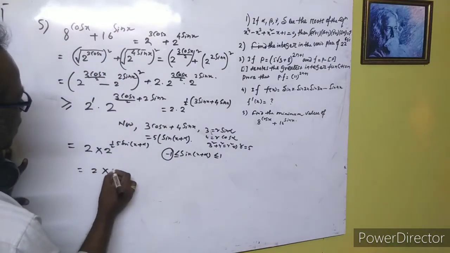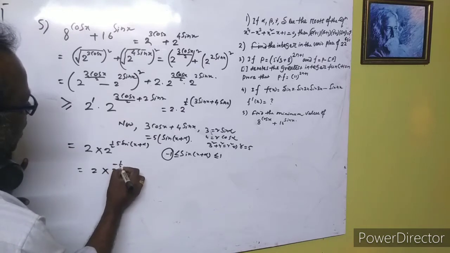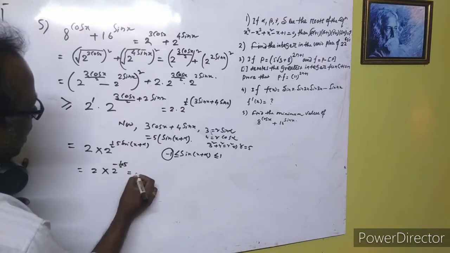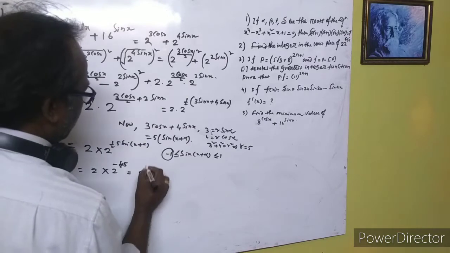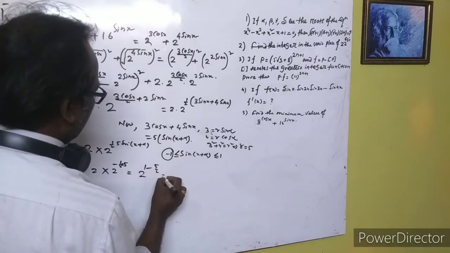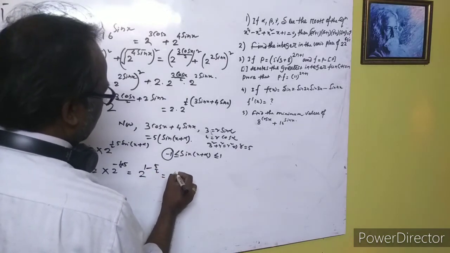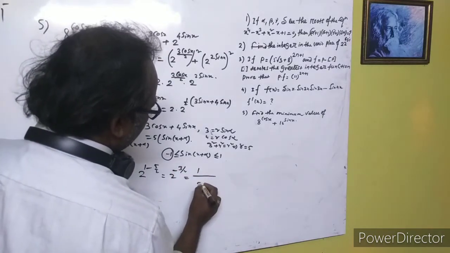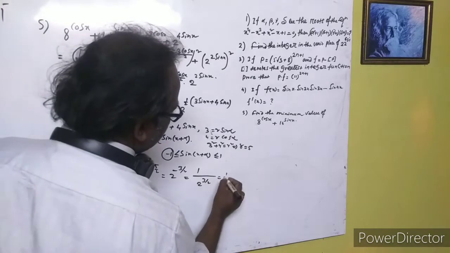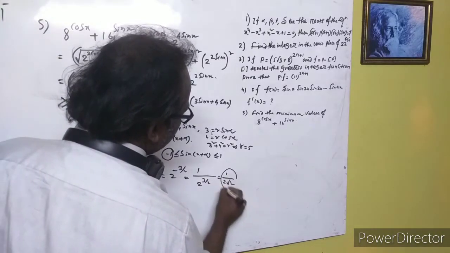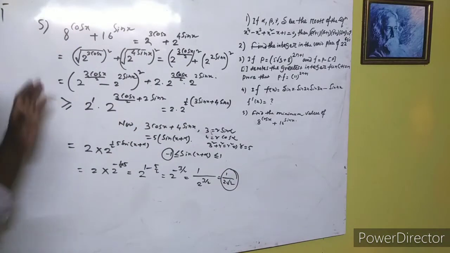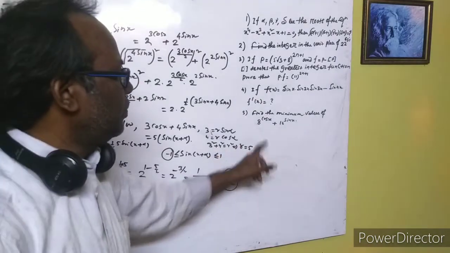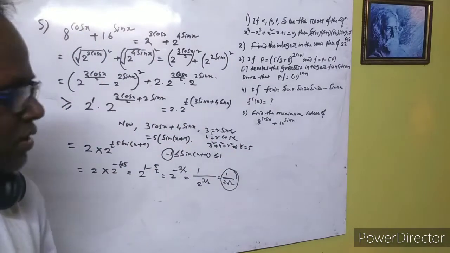So 2 to the power minus half into 5, that is 2 to the power 1 minus 5 by 2, which is 2 to the power minus 3 by 2. We can write 1 by 2 to the power 3 by 2, and this is 1 by 2 root 2. So this is the minimum value of the given expression. See carefully, this is a very interesting question.